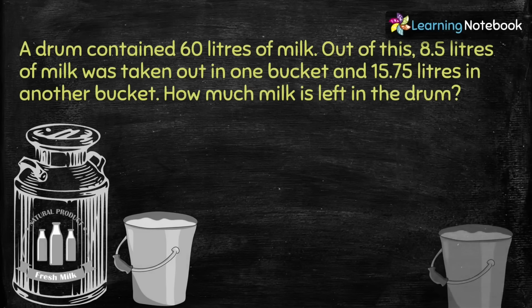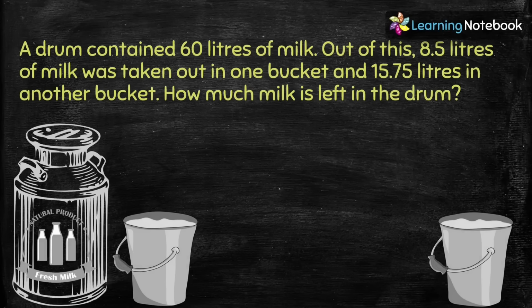A drum contained 60 liters of milk. Out of this, 8.5 liters of milk was taken out in one bucket and 15.75 liters in another bucket. So how much milk is left in the drum? Let's first understand this word problem.